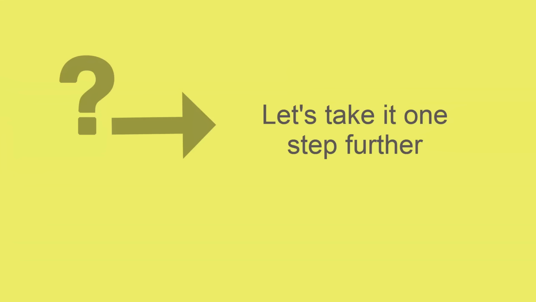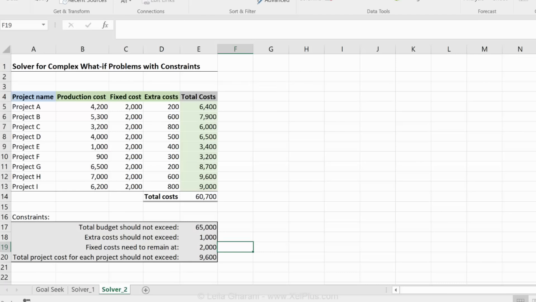So just to give you another idea of Solver, let's take a quick look at this exercise. The aim of the exercise is that we have a budget that's given to us for these projects, and we want to allocate it between all of these given special constraints that are defined here. So let's say I originally did the planning of this. I put in the production cost associated with each project, the fixed cost, the extra cost, and I came to this number.